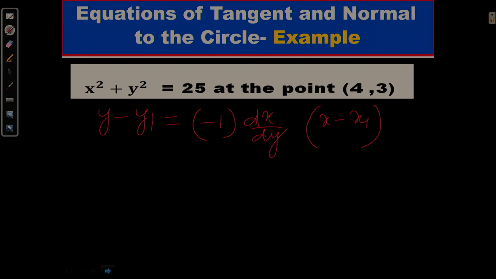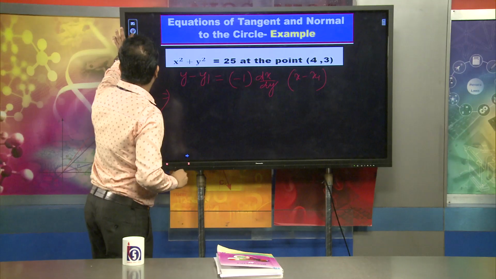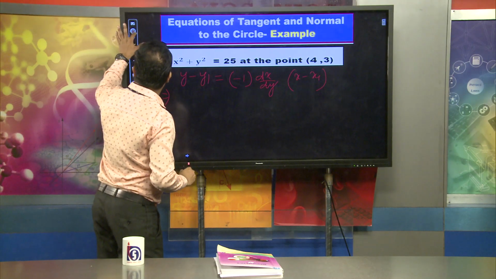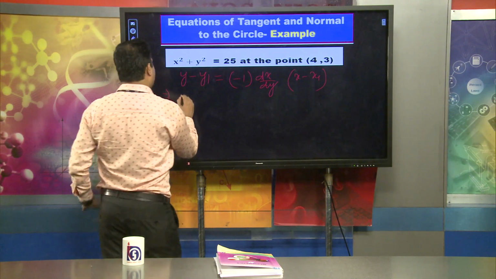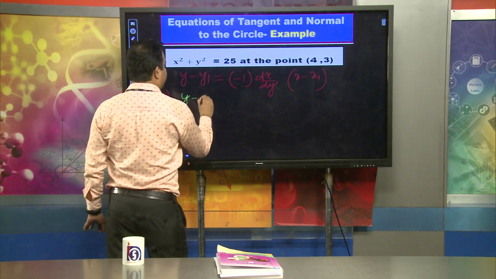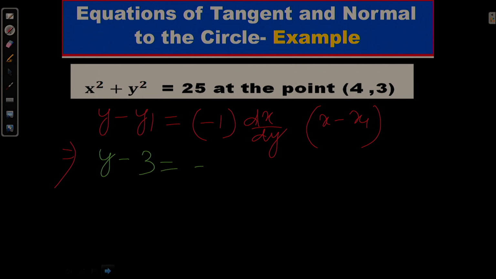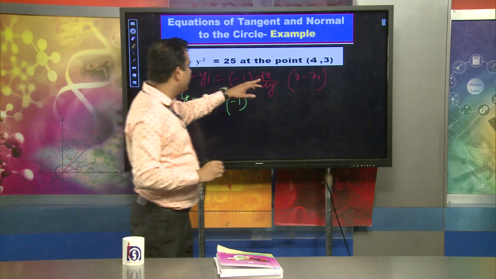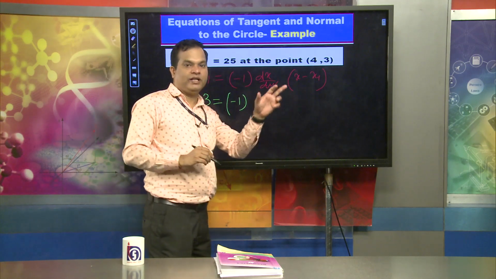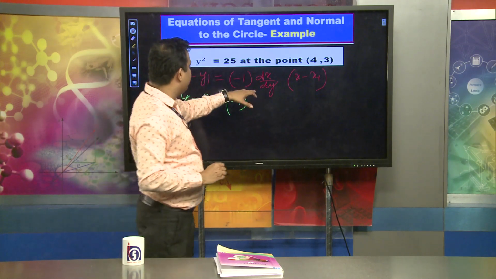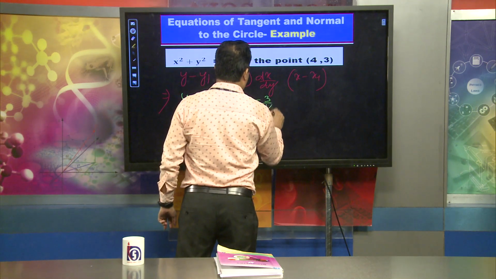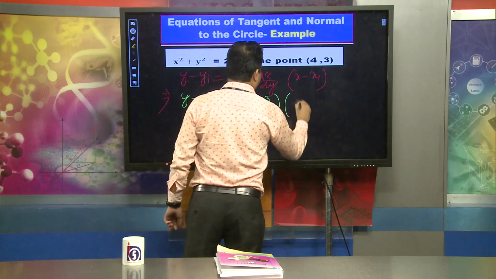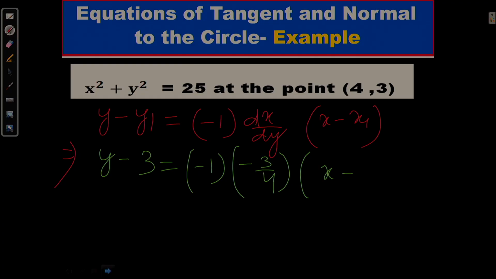So y minus 3 equals minus 1 into dx/dy. We have already got dy/dx equal to minus 4 by 3, so dx/dy equals minus 3 by 4, into x minus x1, where x1 equals 4.